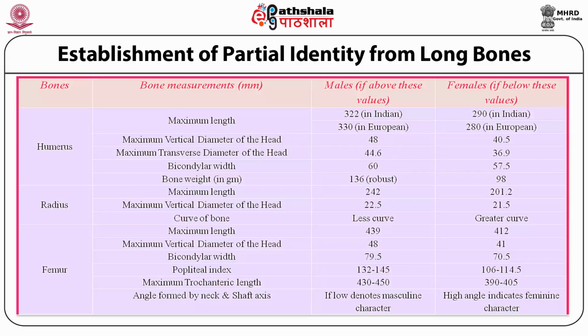In femur, the maximum length of the femur is 439 mm in males and it is 412 mm in case of females. The bicondylar width of the femur is 79.5 mm in males and 70.5 mm in females.